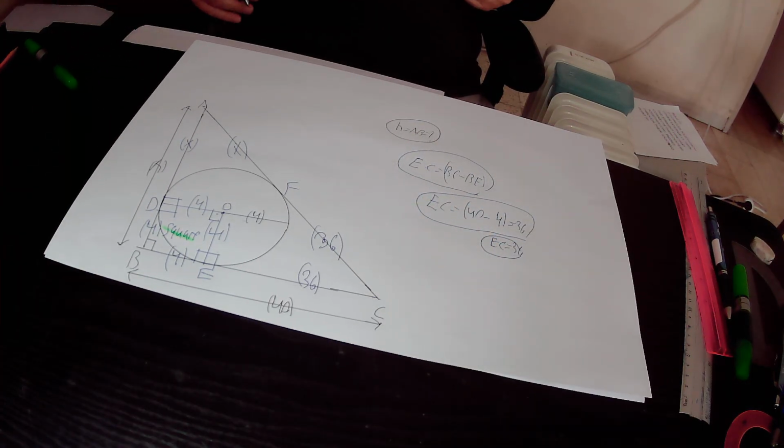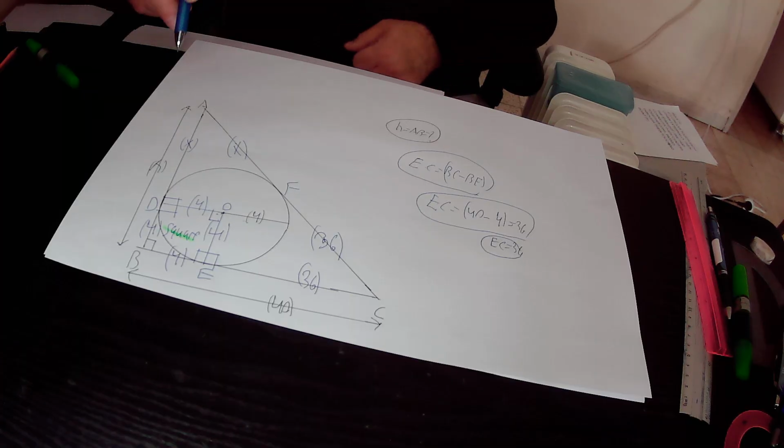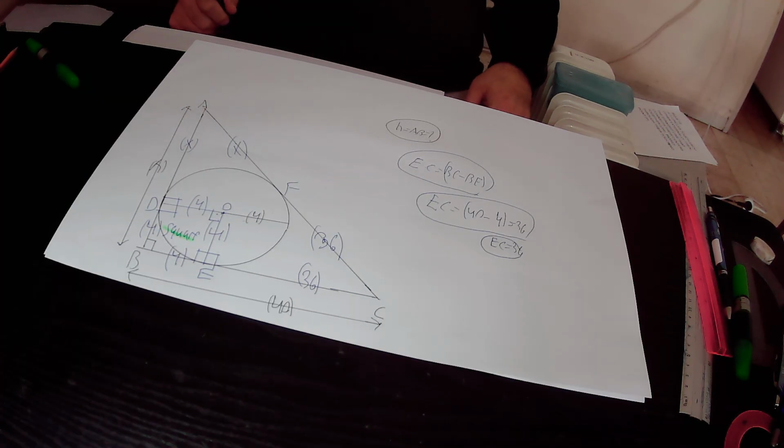So we will implement the Pythagoras theorem on this big right triangle, triangle ABC. According to the Pythagoras theorem, in any right triangle, the square of the hypotenuse equals the sum of the squares of the perpendiculars.